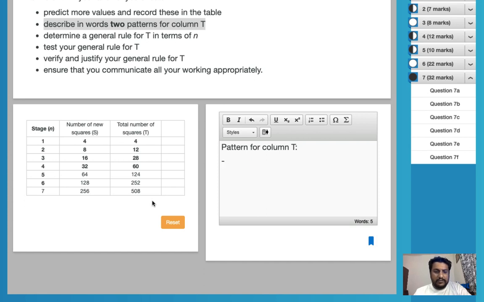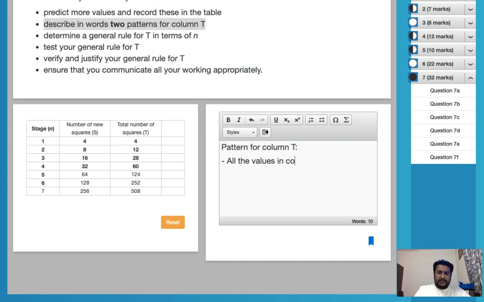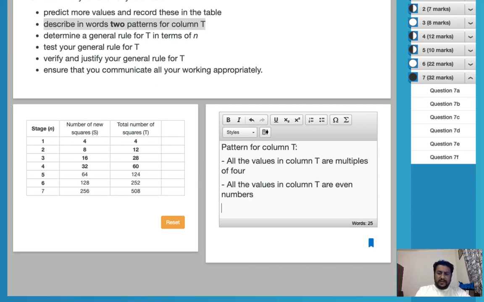So all the values in column T are multiples of 4. What else you can figure out over here is that they are even numbers. So I write down: are even numbers.